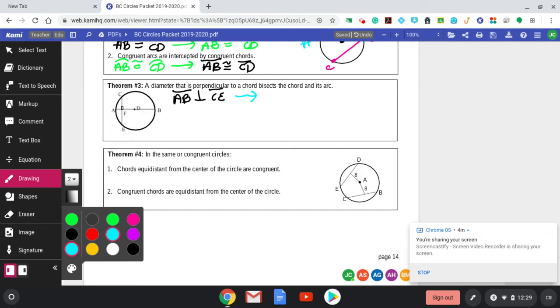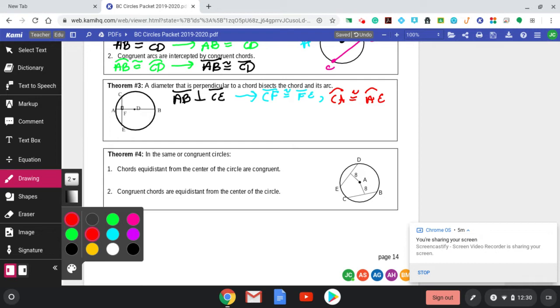The diameter bisects the chord, so that would mean CF is congruent to FE. If a diameter is perpendicular to a chord, it bisects the chord and its arcs. The diameter also bisects the arcs, so arc CA would be congruent to arc AE.